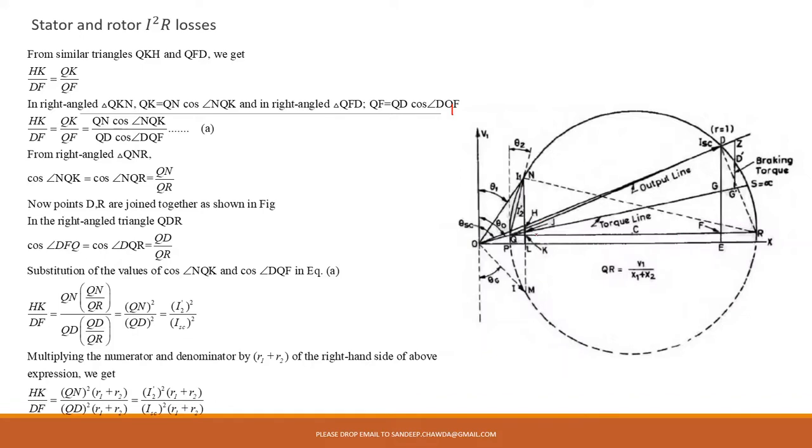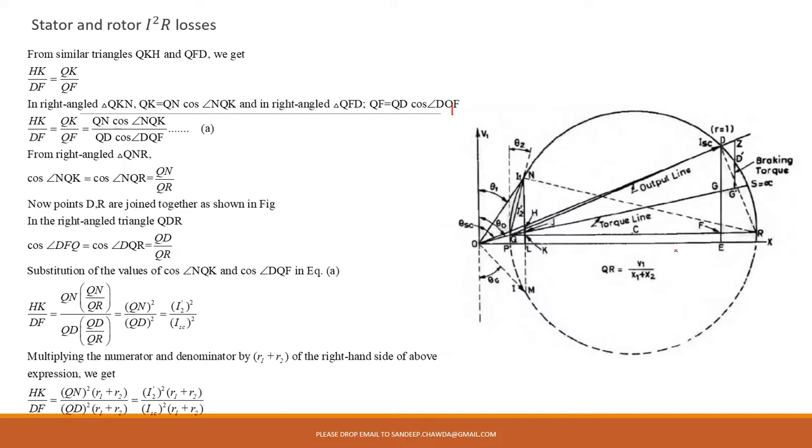From this we can get the angle cos NQR, this angle we have to determine. This will be given by QN divided by QR. So here it is QN divided by QR.